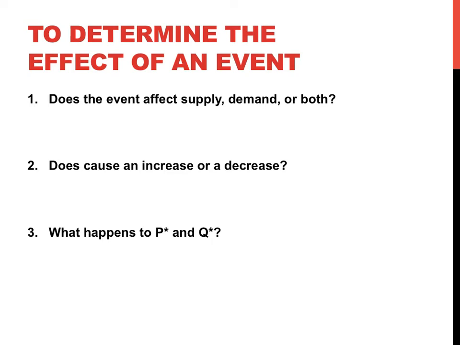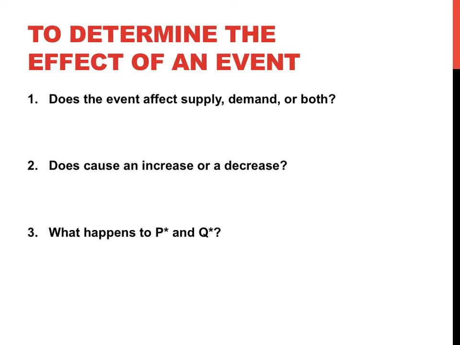And so kind of the first step in determining how something is going to affect the equilibrium price and quantity is to think about, does this event affect supply, does it affect demand, or does it affect both supply and demand? Then you want to say, does it cause an increase in these curves or a decrease in these curves or no change? And then what effect is that going to have on price and quantity?